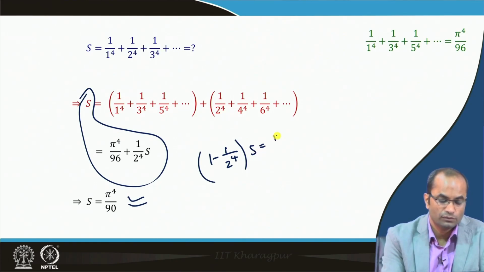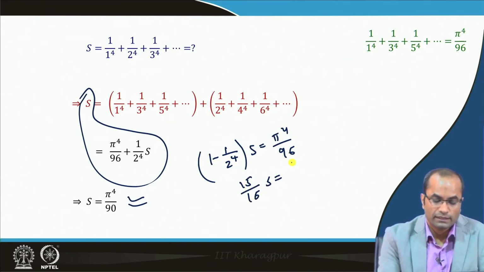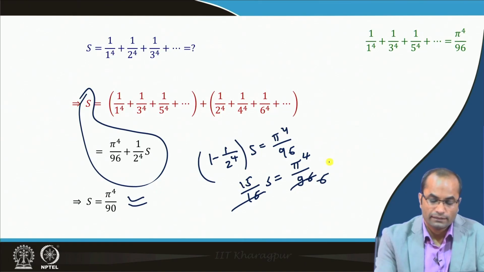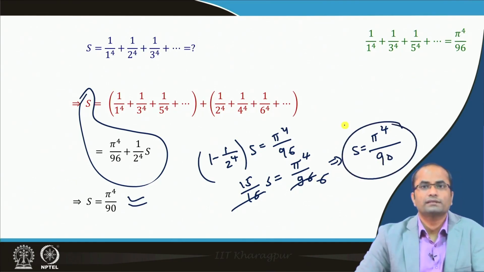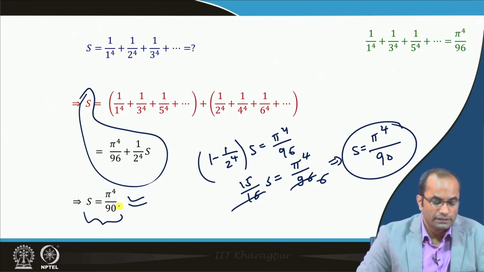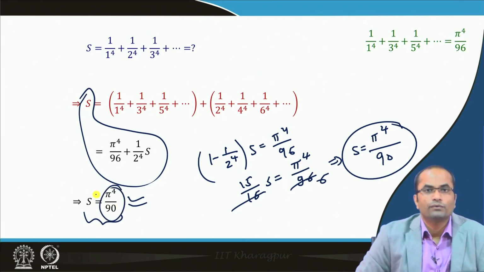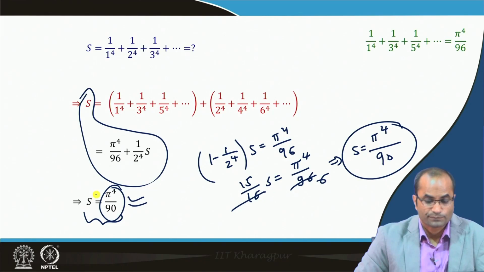So, S is equal to pi to the 4 by 96, and here we have 16. So, 15 by 16 S equals pi to the 4 divided by 96. That gives us S is equal to pi to the 4 divided by 90. So, that is the result for the sum of the series given in the question, and the value is pi to the 4 divided by 90.